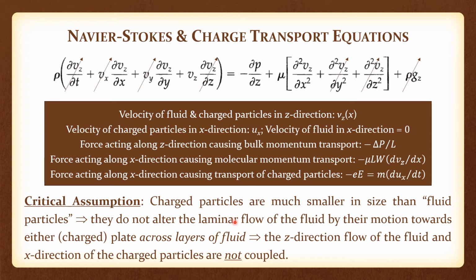And essentially, what this assumption means is that the z direction of the flow of the fluid and the x direction motion of the charged particles are uncoupled. They are not coupled. I can look at this analysis separately.